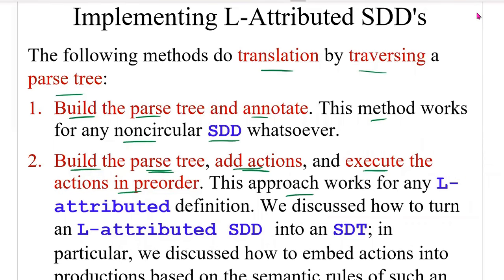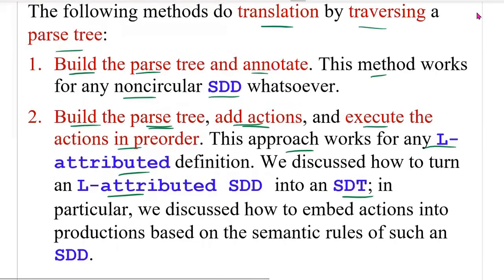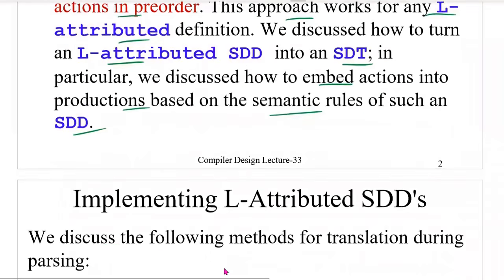This approach works for any L-attributed definition. We discussed how to turn L-attributed SDDs into an SDT in our earlier topics. In particular, we discussed how to embed actions into productions based on the semantic rules of such an SDD. This also we discussed in our previous concepts.